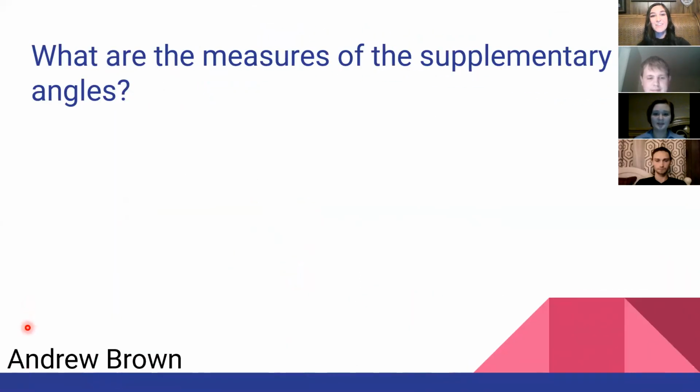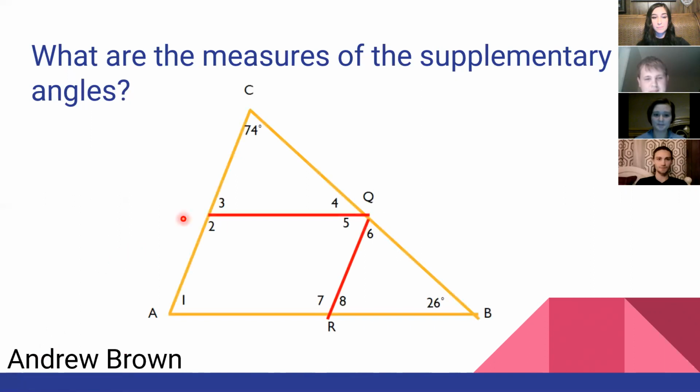Okay, Andrew, what are the measures of the supplementary angles in your question? In order to figure out all of the supplementary angles, we need to begin by finding angle 1. So here's a little graph right here.